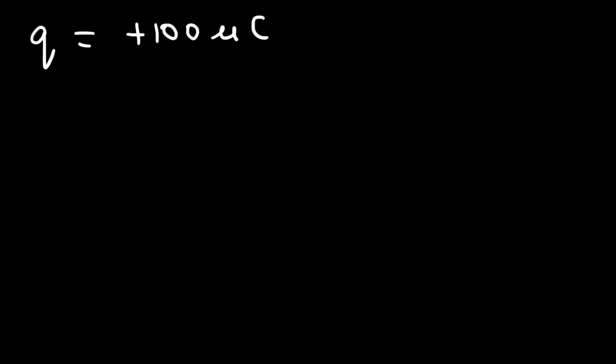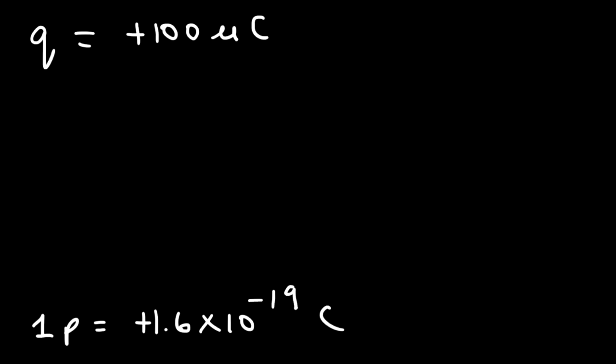What does that mean in terms of protons and electrons? So using this conversion factor, one proton has a charge of positive 1.6 times 10 to the negative 19 coulombs. We can determine the number of excess protons that represent this charge.